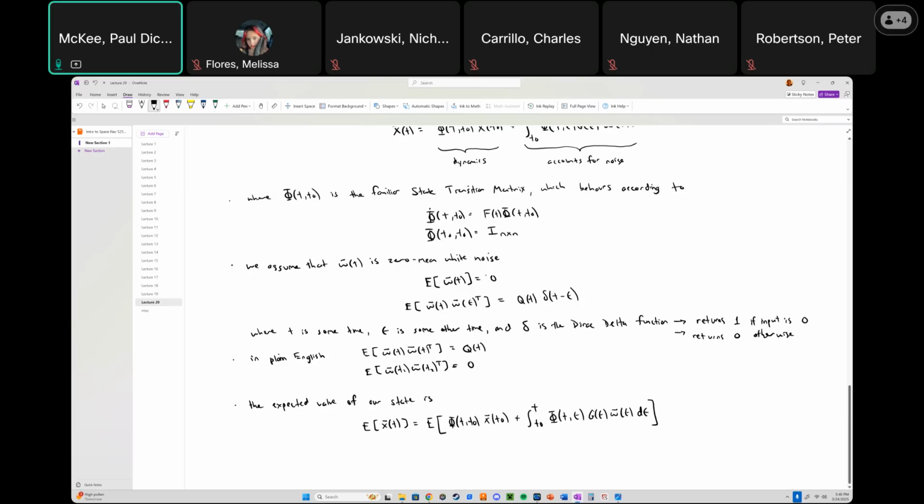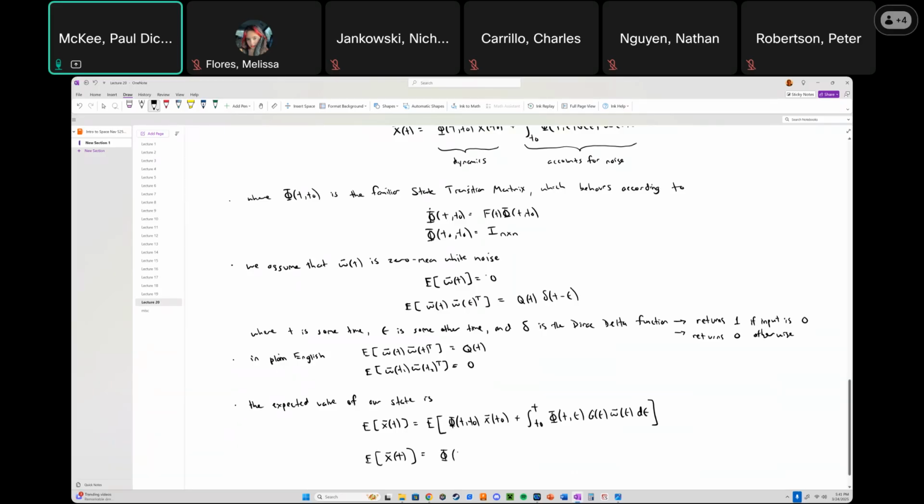So what is the expected value of all of this? Well, the expected value of anything that isn't random, you can just skip it, right? So here, the expected value of x of t is phi.